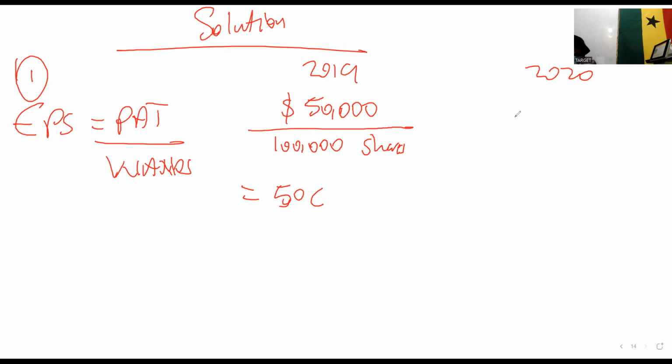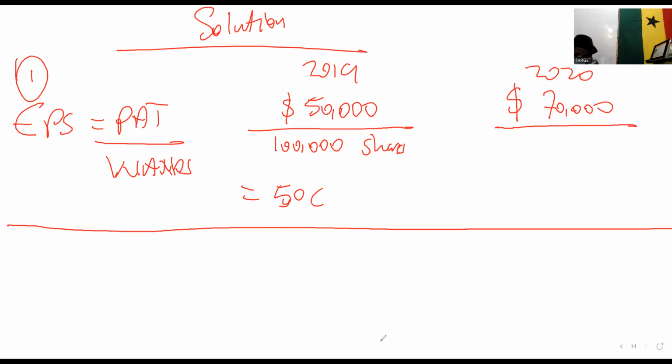But for 2020, you do like this. $70,000, we have to look for the weighted average number of shares in 2020. So let's go and do workings. And I want everyone's attention here.